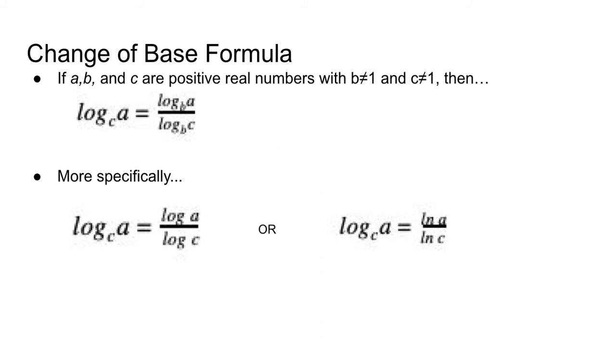We do have something called the change of base formula. The change of base formula is really nice. It makes the math a lot easier, but it does involve using a calculator every single time. So what we can do is rewrite log base c of a as the quotient of 2 different logarithms. Typically, we use the common log or the natural log.